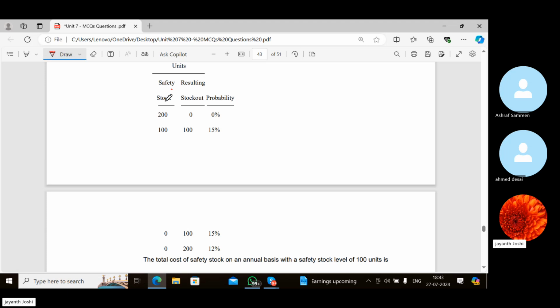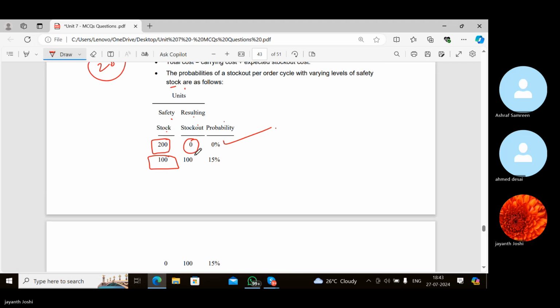Safety stock, resulting stock out, probability. So if they have to maintain a safety stock and there shouldn't be any kind of stock out, if they maintain 200 units of safety stock, there is no stock out they'll be having. Chance of that also is 0%. If they maintain 100 units of safety stock, there can be a stock out of 100 units.